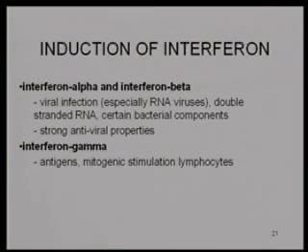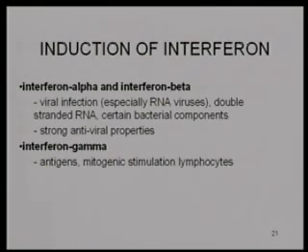So a lot of these viruses produce double-stranded RNA as a consequence of their replication. And while they try and split these things into early and late and have all sorts of mechanisms which stop the negative and the positive strands getting together, inevitably they eventually do. So double-stranded RNA is commonly seen in virus infections. And certain bacterial components, things like lipopolysaccharide, will also induce these interferons.